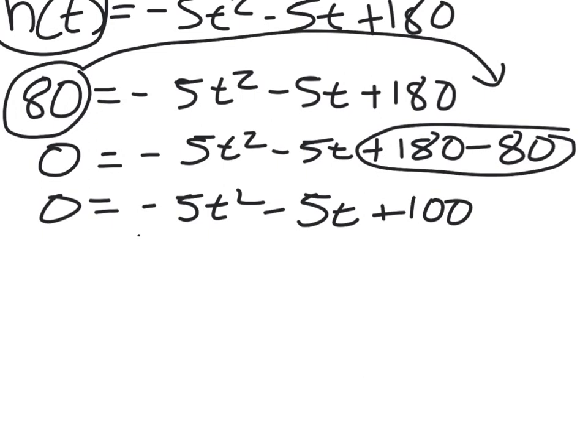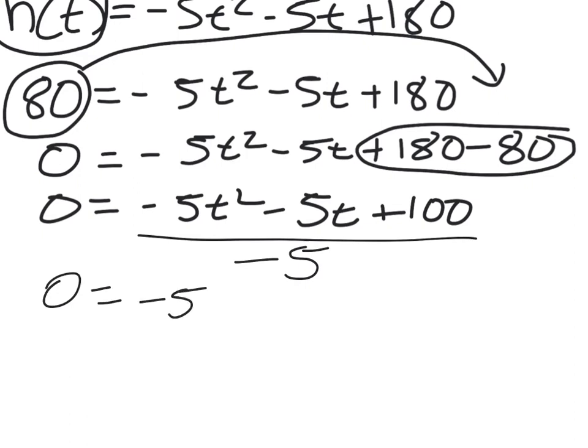In order to factor this, I'm going to take out a negative 5 first, so that we'll be left with a simple trinomial, t squared. The negative 5 divided by negative 5 ends up being positive t. Then 100 divided by negative 5 is negative 20.